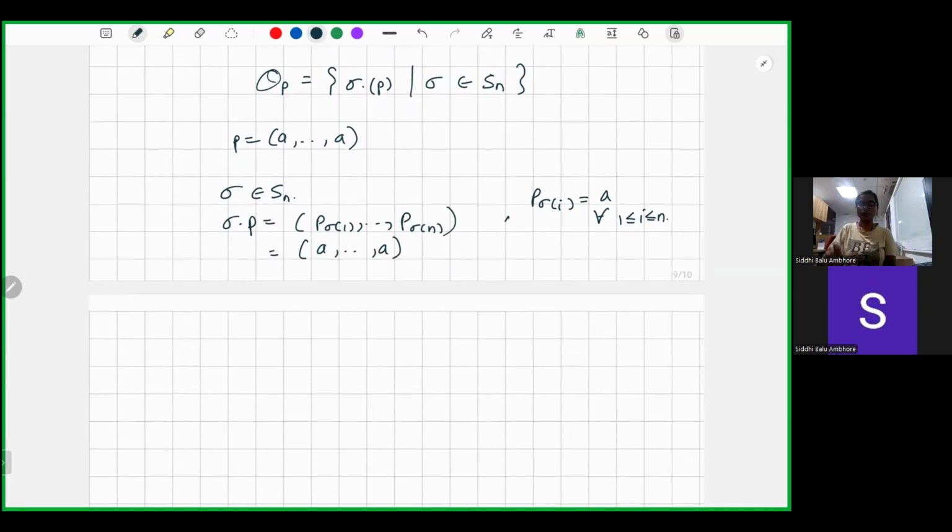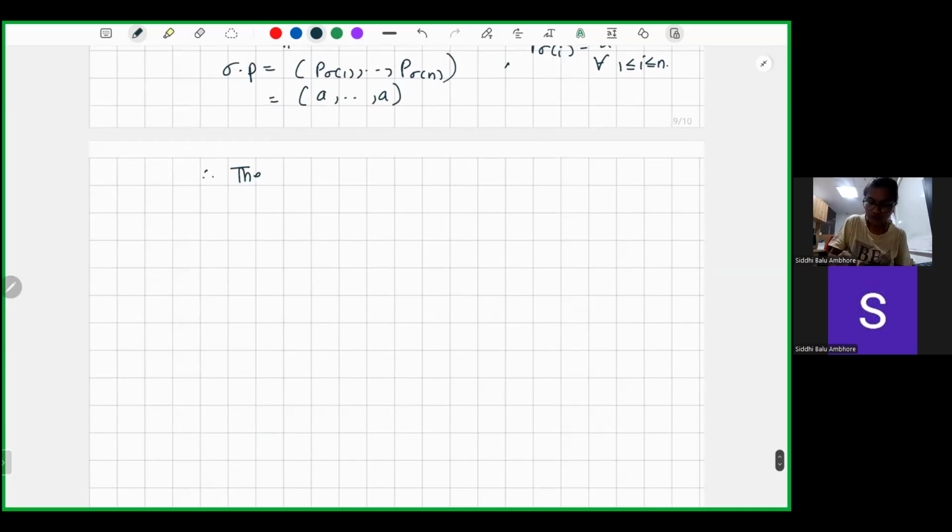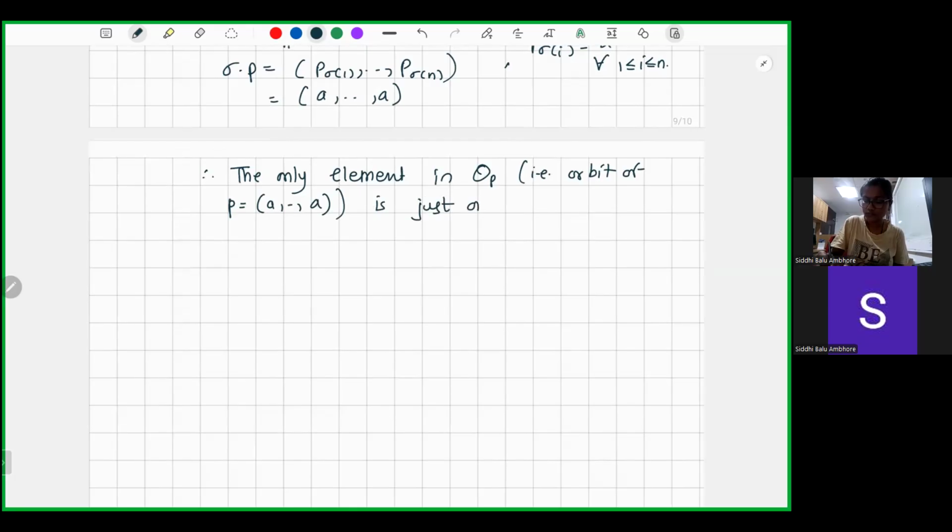Therefore the only element in the orbit of this element is P, that is again this A tuple.